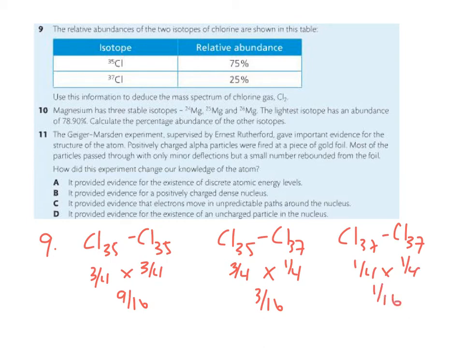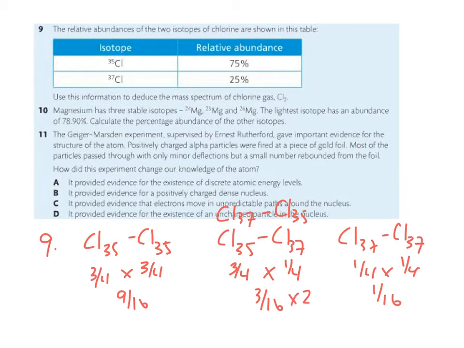If we add this up, though, we're only at 13/16, and that's because there's really another option. I could have the Cl-37 be the first atom and the Cl-35 be the second atom. So I really have to double this to 6/16.